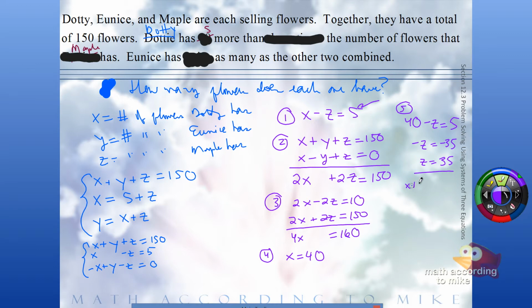If x plus y plus z equals 150, then we have 40 plus y plus 35 equals 150. You're going to get y to be 75. So Eunice has 75 flowers.